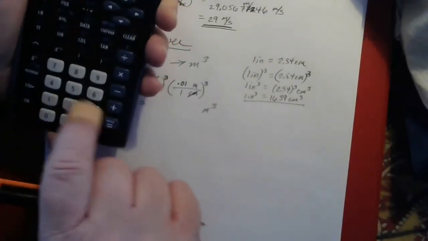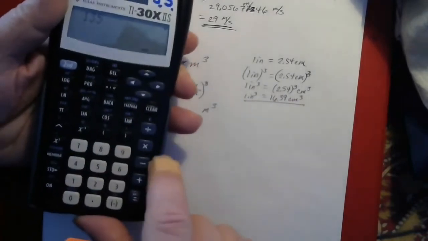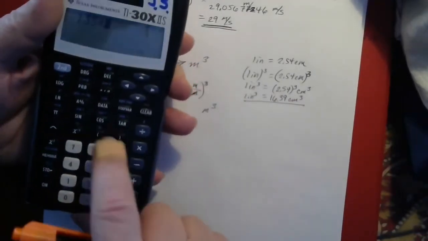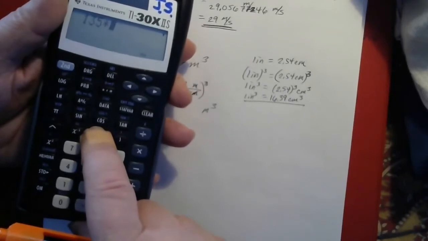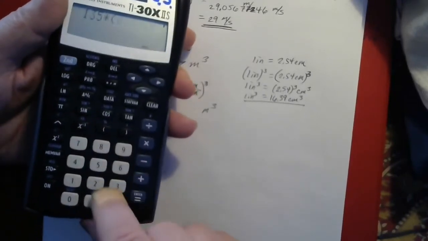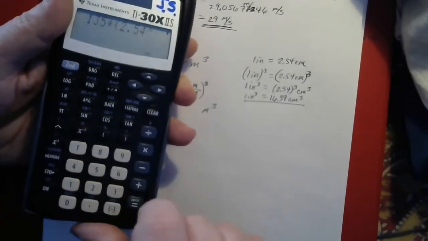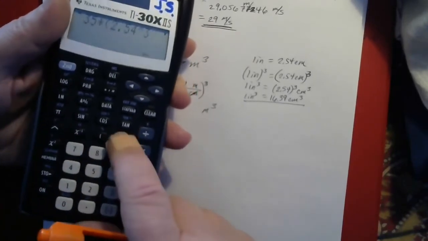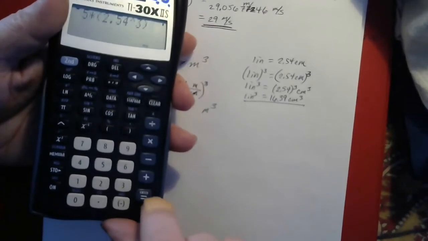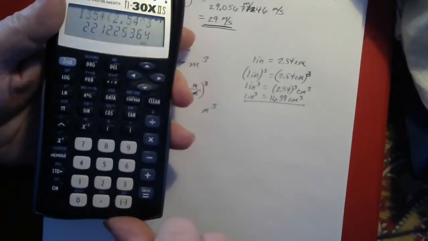Doing it as 135 times 2.54 to the 3rd power, you can just use the parentheses, 2.54, use the caret to raise it to the 3rd power, and then close the parentheses, and then hit equals.